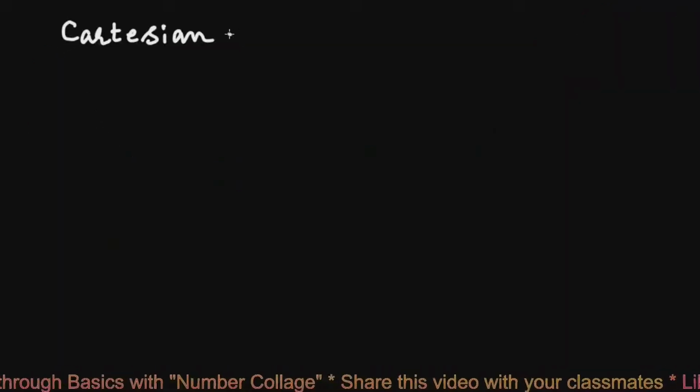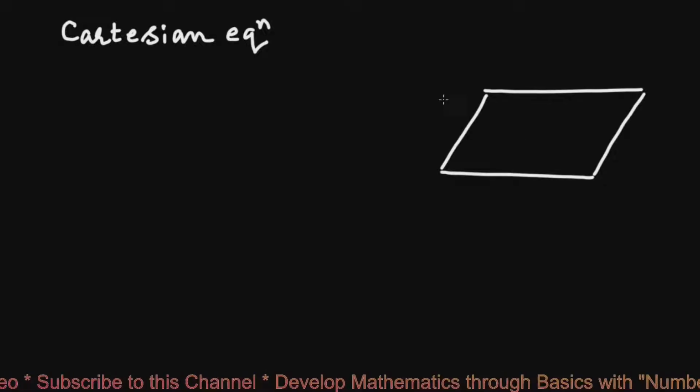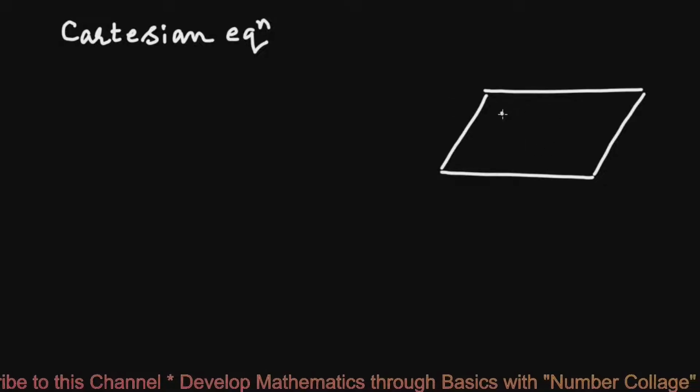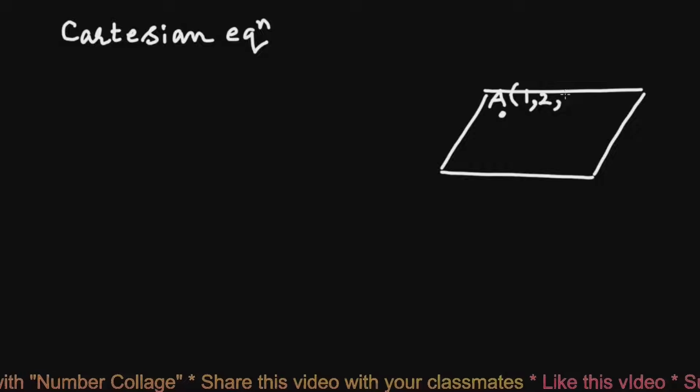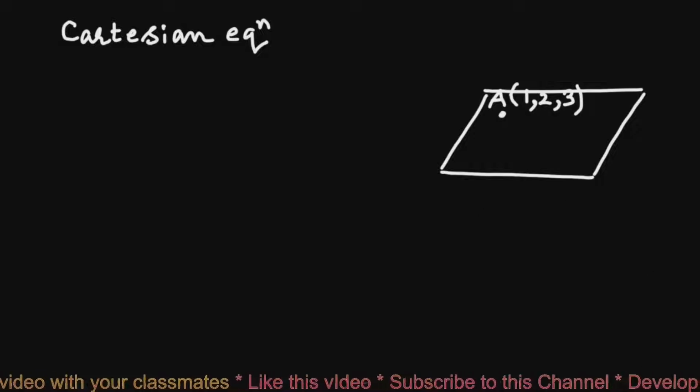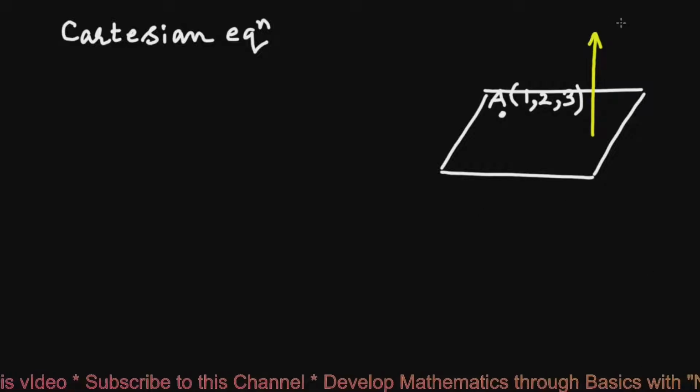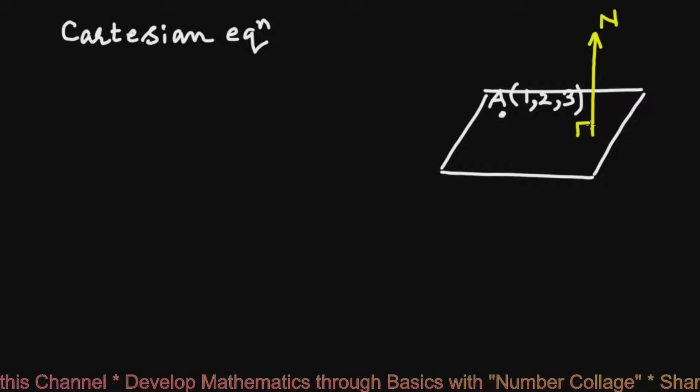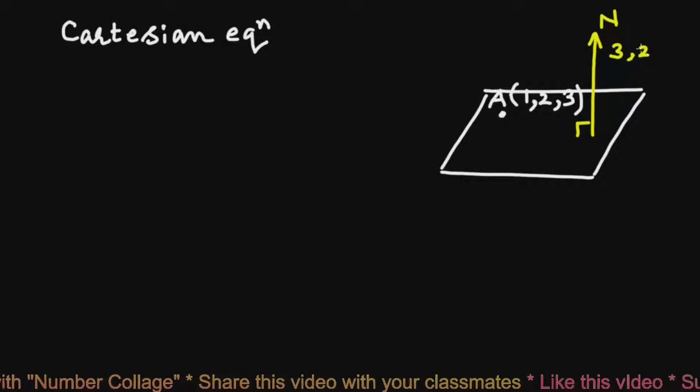this plane. Let us see how to find the Cartesian equation of this plane which passes through point A (1, 2, 3), and the direction ratios of the normal n to this plane are 3, 2, 5.